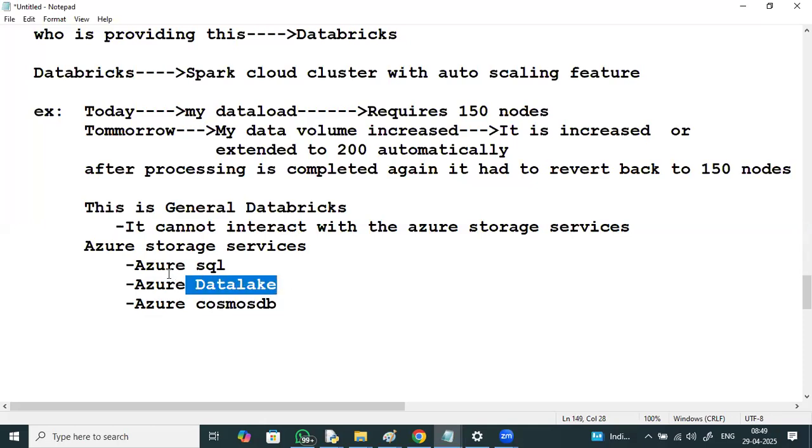Data Lake for the file system, Azure SQL for storing in the form of tables. So this general Databricks cannot interact with this kind of storage services. Regular Databricks is not compatible.